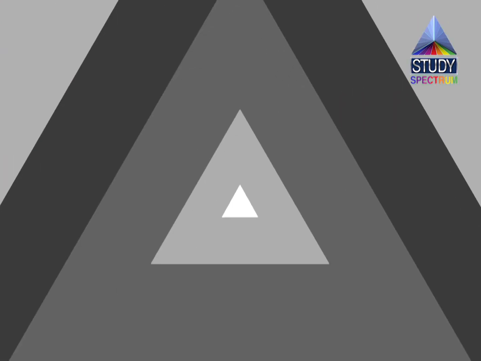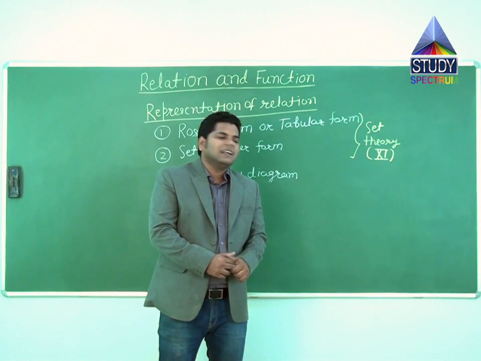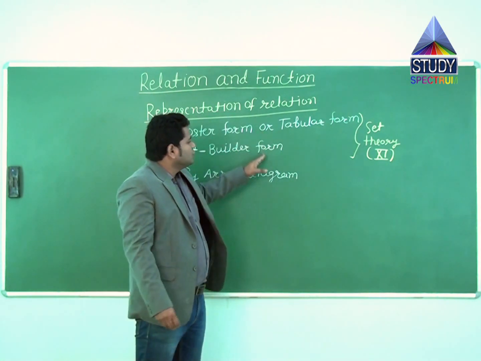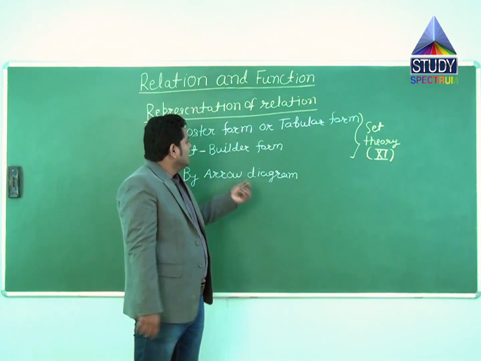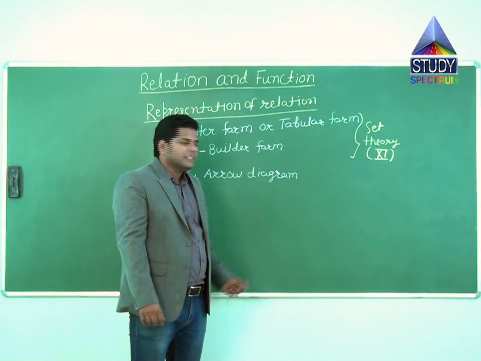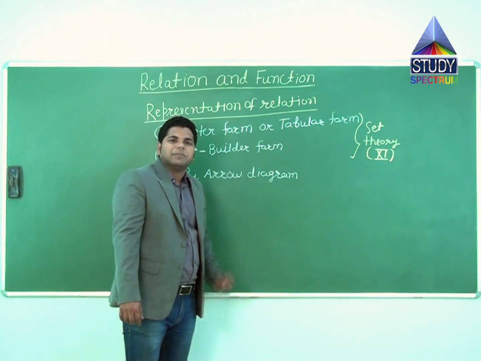Now let us understand these two forms in the case of a relation, how we represent a relation in these two forms. Thereafter we move to the arrow diagram form.